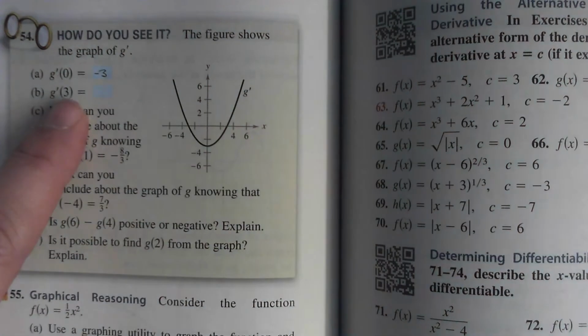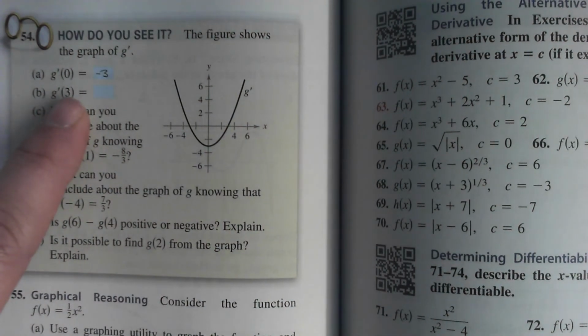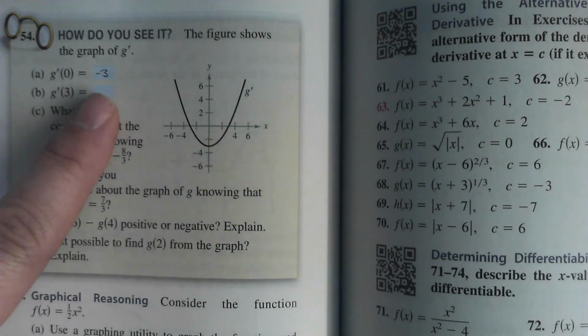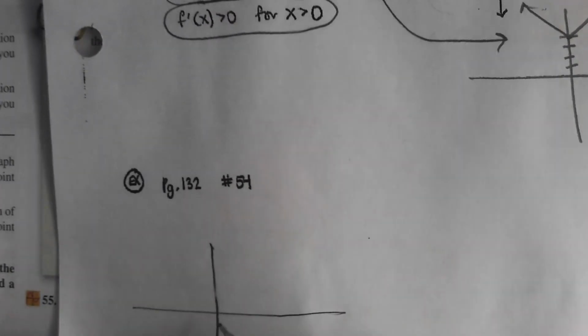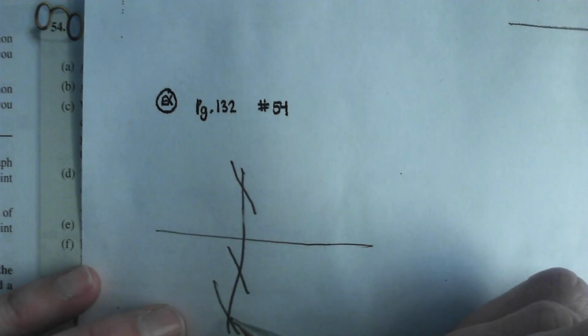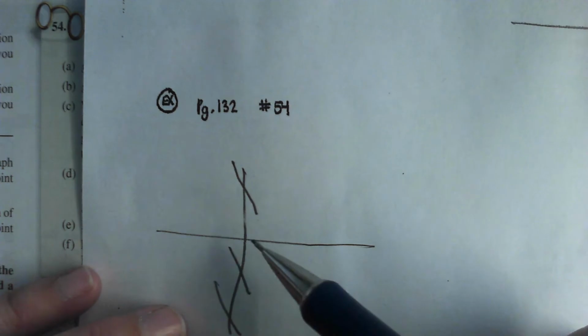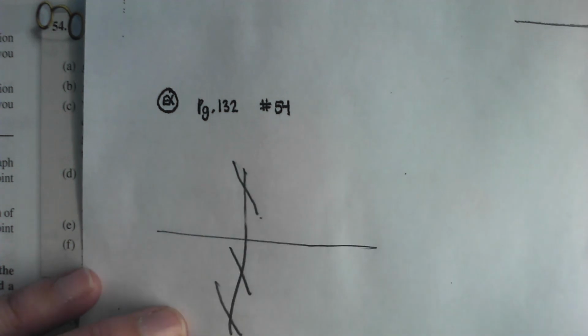What that tells us is that on the original graph, the slope at 0 is -3. So what would that look like? When it comes through 0, it's a pretty steep negative. I don't know where it is located, right? It could be way up here or way down here. But on the original graph, the slope at 0 is a -3 slope. Do you see that?